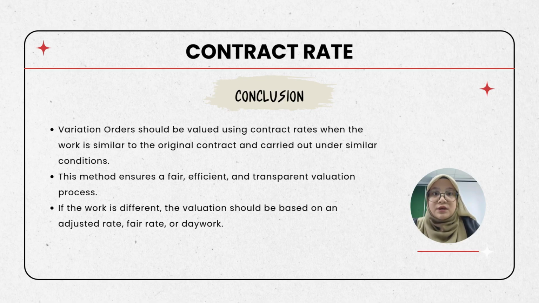However, if the variation work is significantly different or carried out under different site conditions, other valuation methods such as adjusted rate, fair rate, or daywork should be used to ensure a fair assessment.